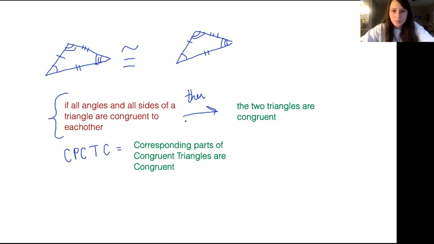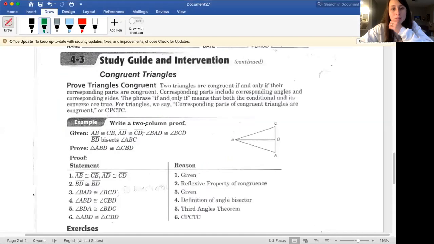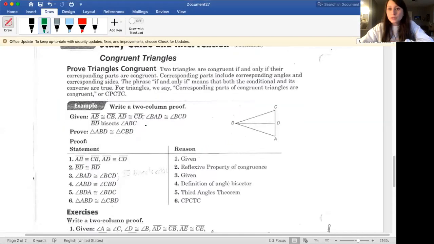So now we can use that in our proof. So basically, if in my proof I can somehow say that these two are the same, these two are the same, these two are the same, and then these two sides are the same, and then these two sides are the same of these two triangles, then I could say these two triangles are completely congruent.